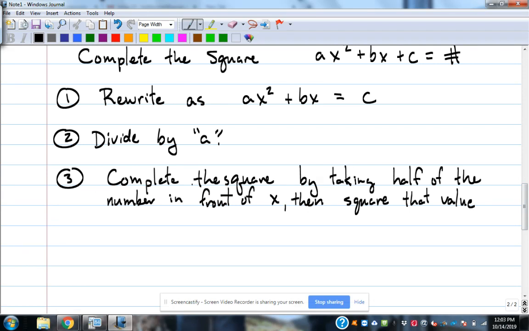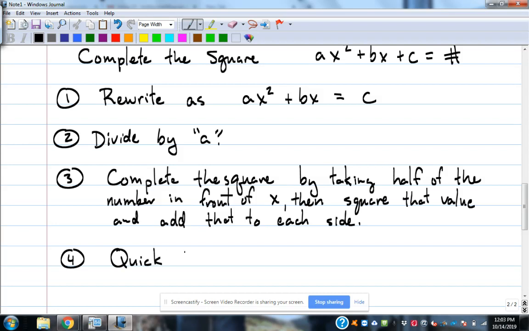So we're going to complete the square. We're going to take half of the number that's in front of x. We're going to square that value and add that to each side. Fourth step, I call this the quick factor.